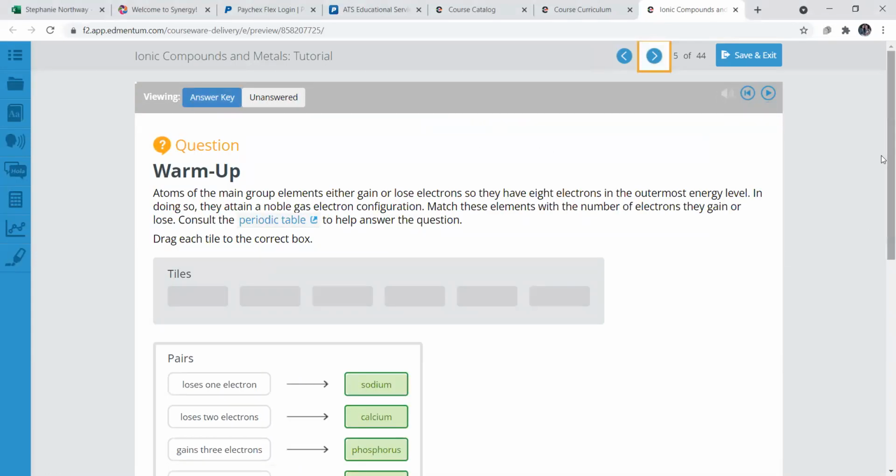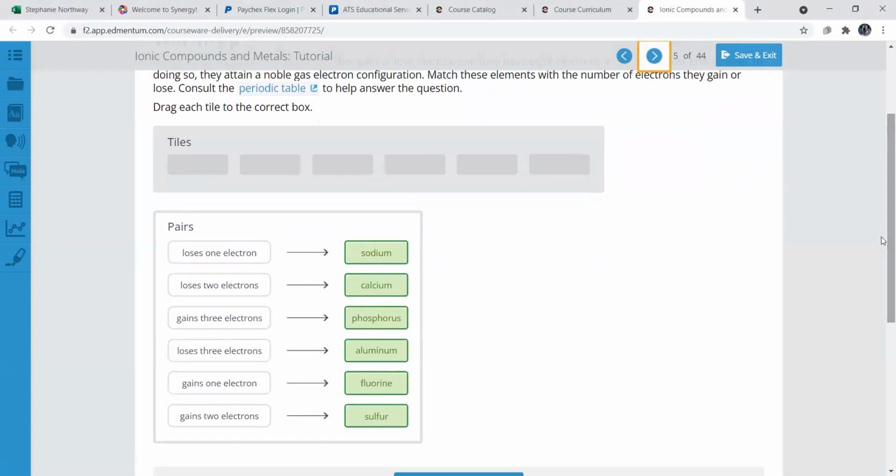Let's see what we have here. Okay, so let's just review this question. Sodium will lose... so these are just examples of how they gain or lose electrons. Sodium loses 1, calcium would lose 2 electrons, phosphorus gains 3, aluminum loses 3, fluorine gains 1, and sulfur gains 2 electrons.